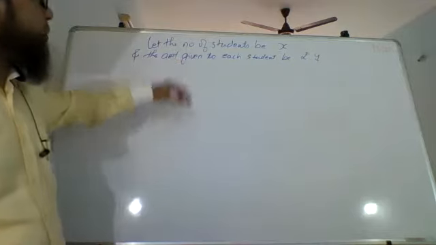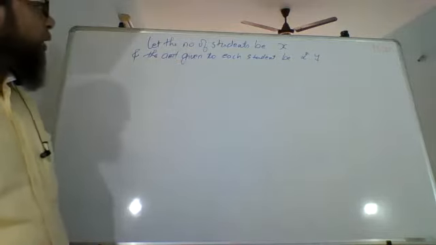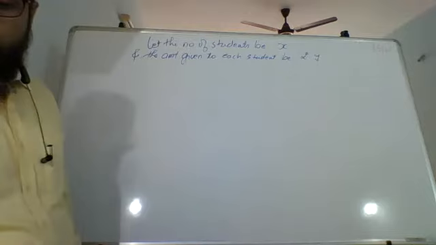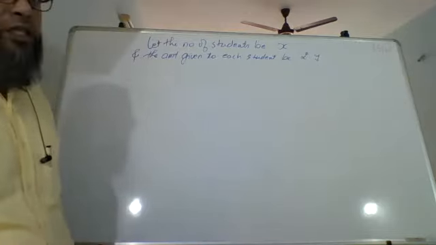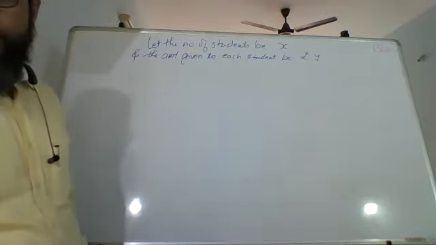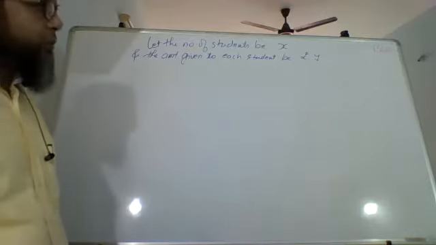Okay. So let the number of students be x and the amount given to each student be rupees y. Now what does it say? The total amount distributed will be x into y. एक स्टूडेंट को कितना दे रहे हैं उसको मल्टीप्लाई बाय द नंबर ऑफ स्टूडेंट्स.